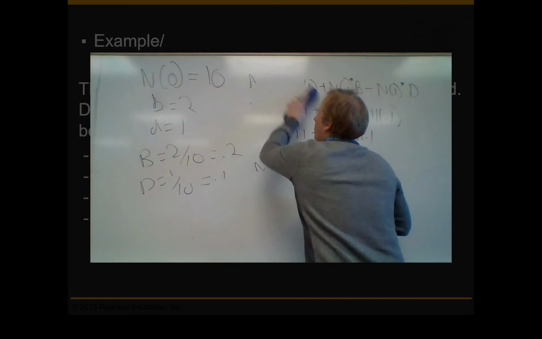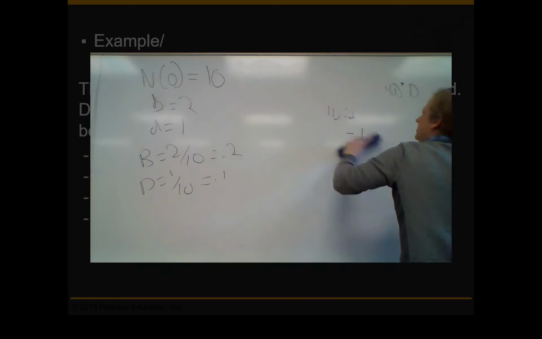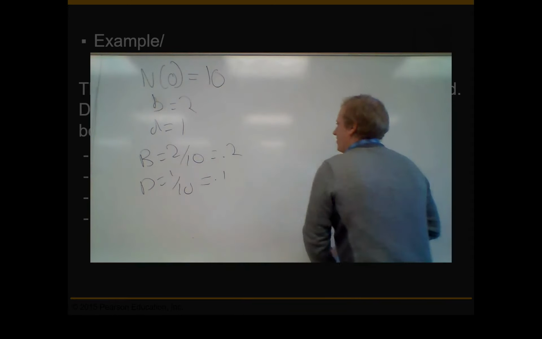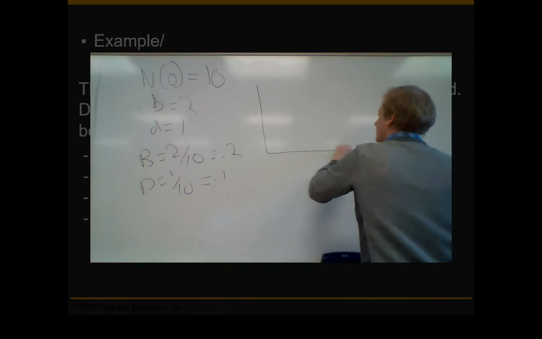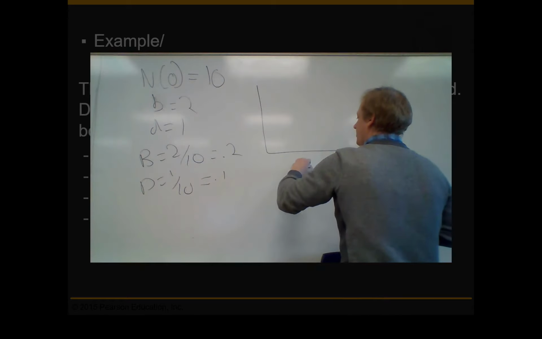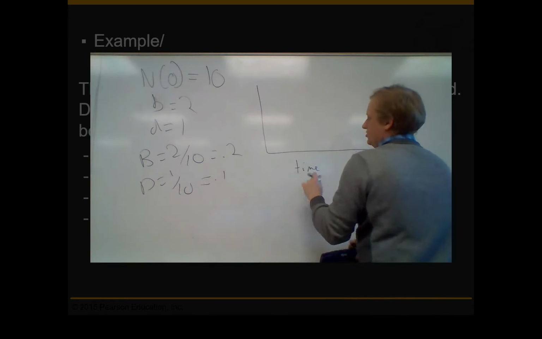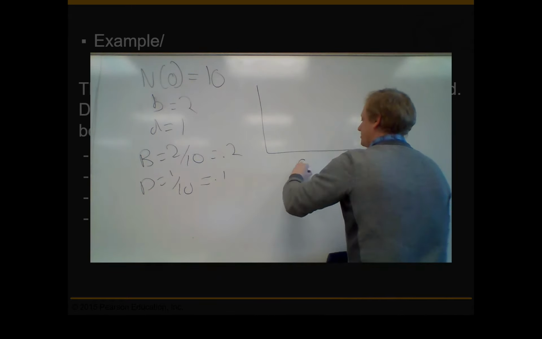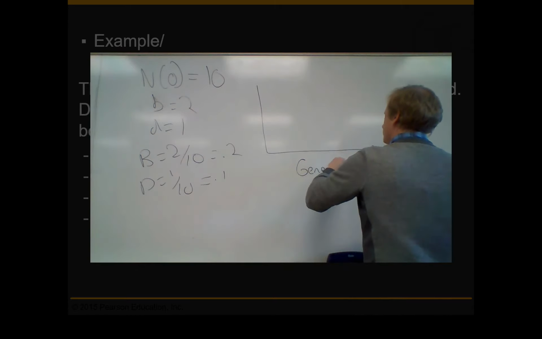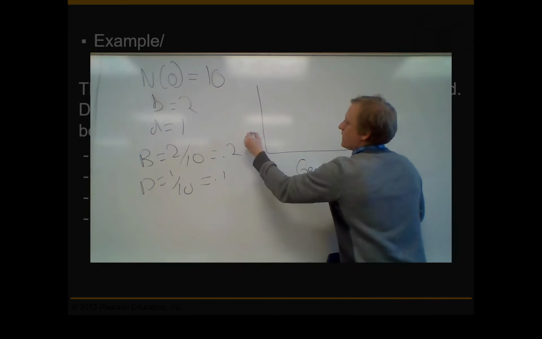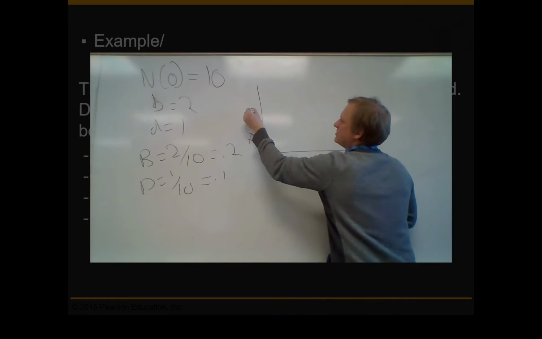And so if we were going to graph this, it would look something like this. So we'll say time period, or we'll just say generations. I think we were doing deer.